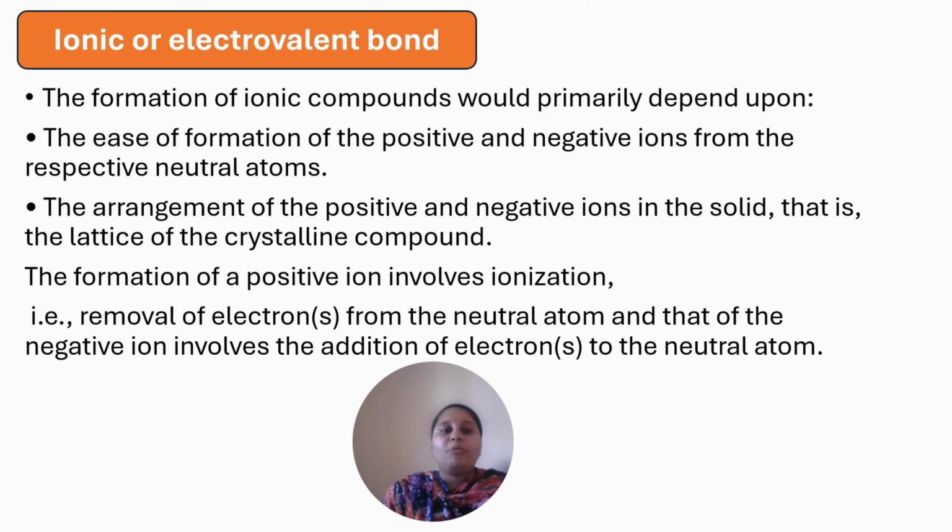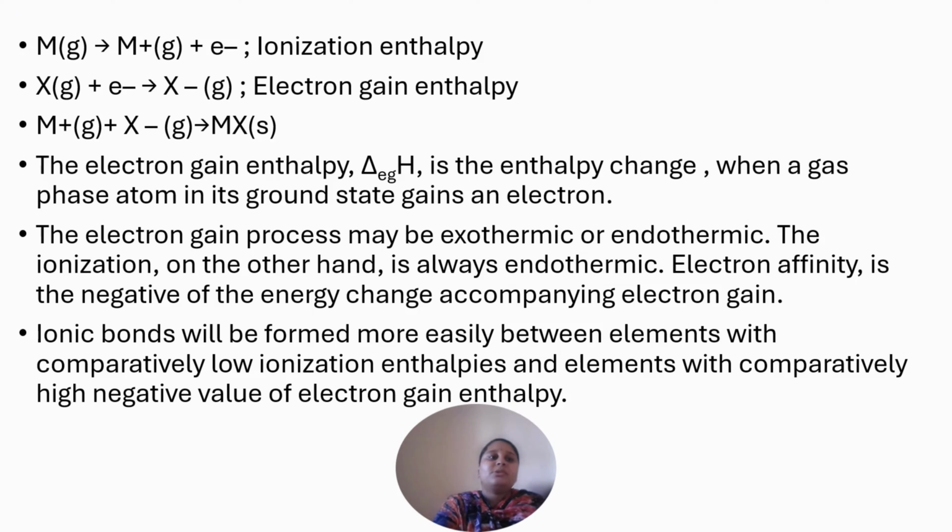For example, the lattice enthalpy of sodium chloride is 788 kilojoules per mole, which means that 788 kilojoules of energy is required to separate 1 mole of solid NaCl into 1 mole of Na plus and 1 mole of Cl minus ions at an infinite distance.